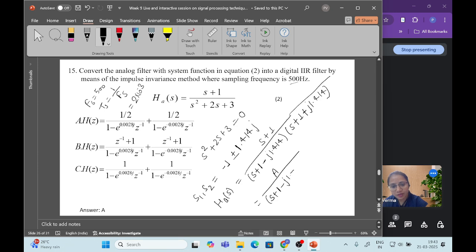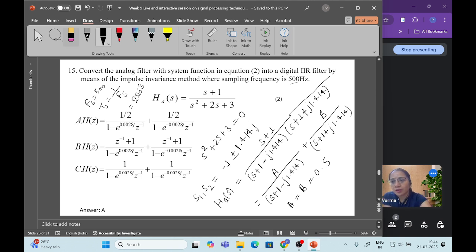A divided by s plus 1 minus j 1.414 plus B divided by s plus 1 plus j 1.414. Now if you just take a partial fraction and calculate, A is equal to B is equal to 0.5. So just calculate it once and you will get it.